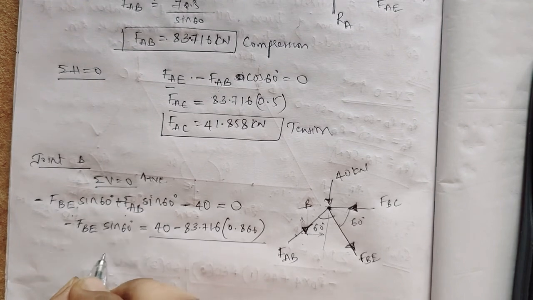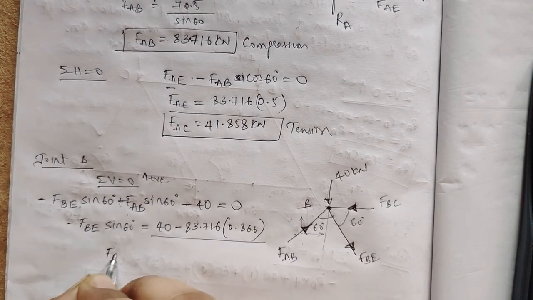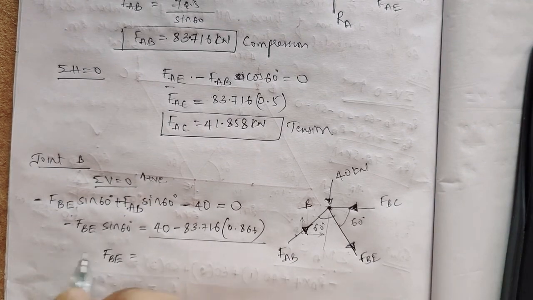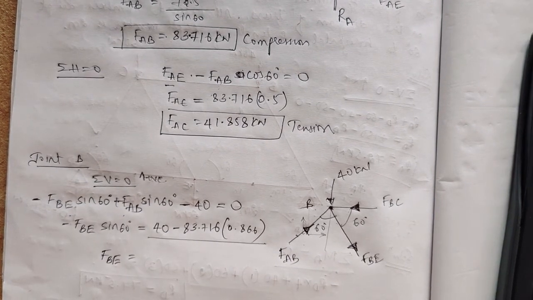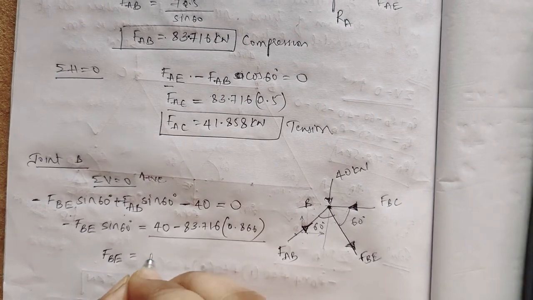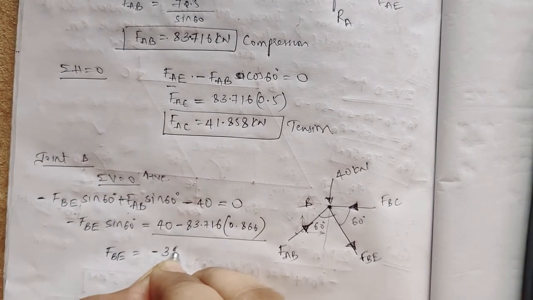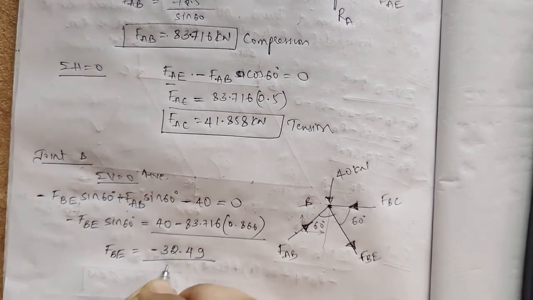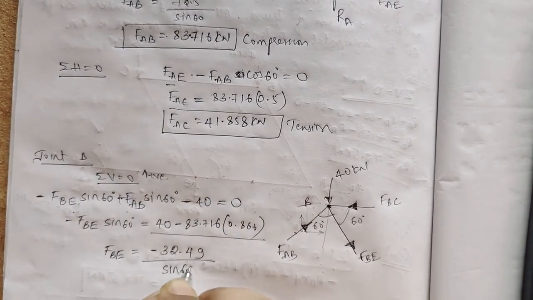Then FBE will be, 83.716 into 0.866, so 40 minus that, the answer is minus 32.49 divided by sin 60 degree.